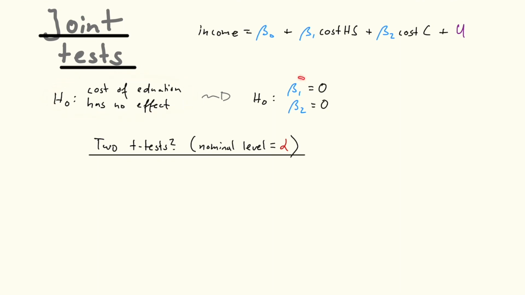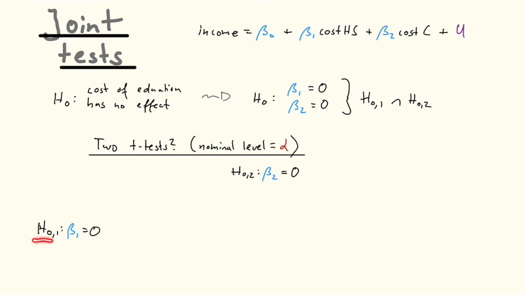Let's call the first component of our joint hypothesis H01. And let's call the second component H02. We can think of our joint hypothesis as saying that the restriction in the first component is true, that means H01 is true, and simultaneously H02 is true.